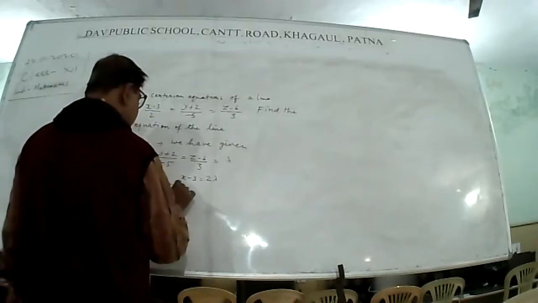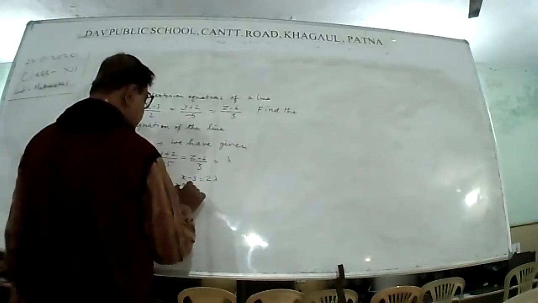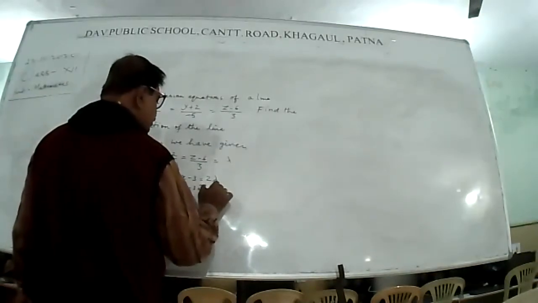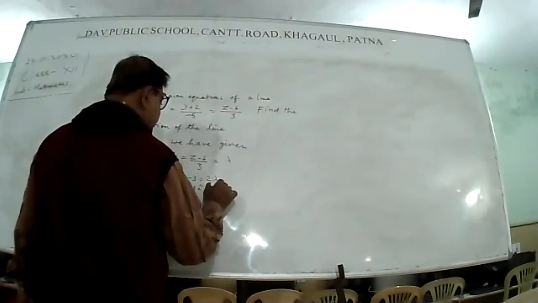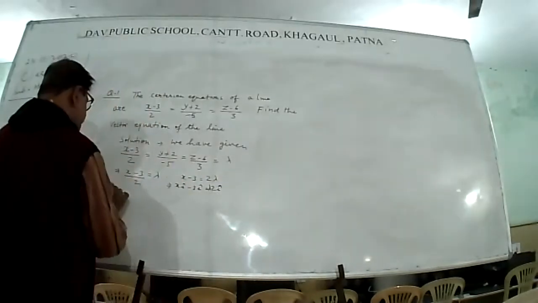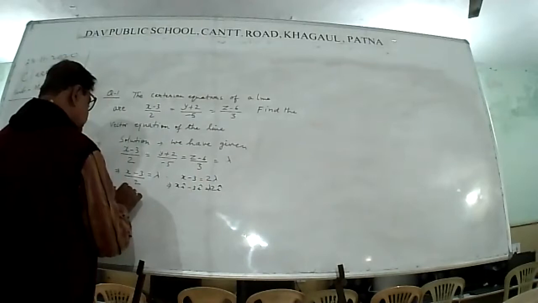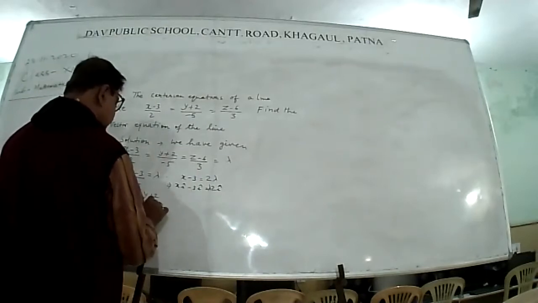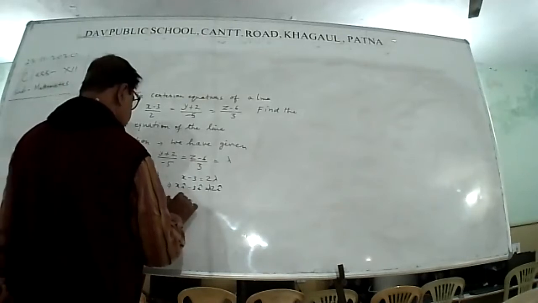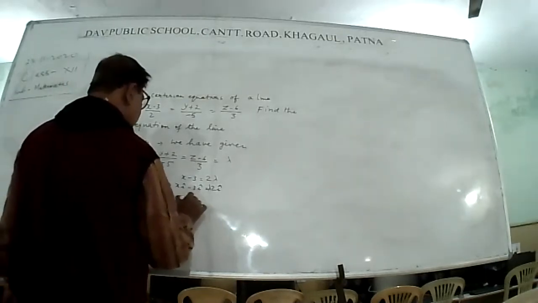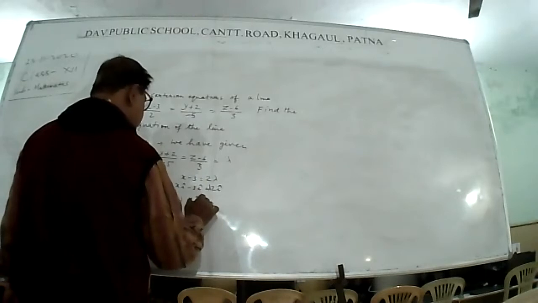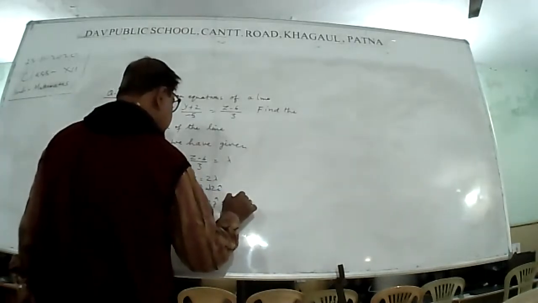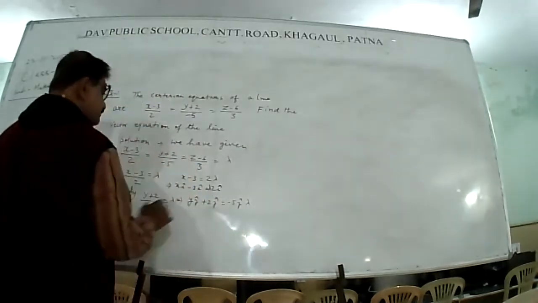Or this implies x i unit vector minus 3 i unit vector is equal to lambda into 2 i unit vector. Similarly, (y plus 2)/(minus 5) is equal to lambda. So this implies y j plus 2 j is equal to minus 5 j into lambda.